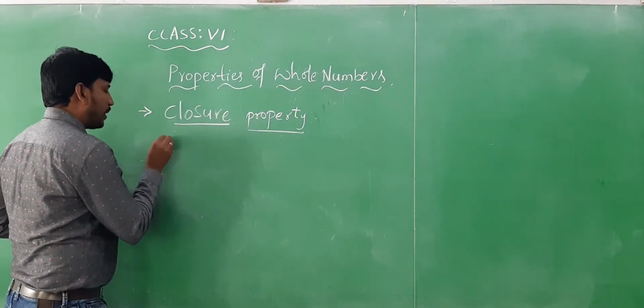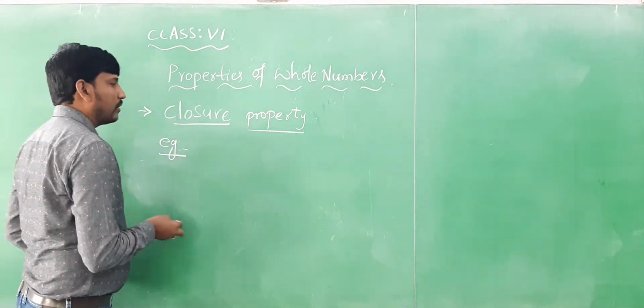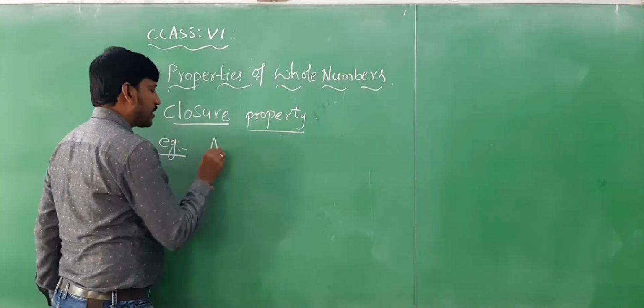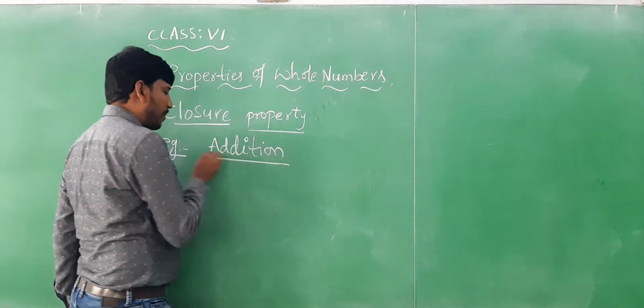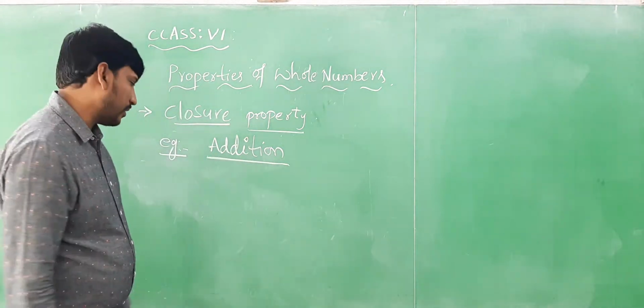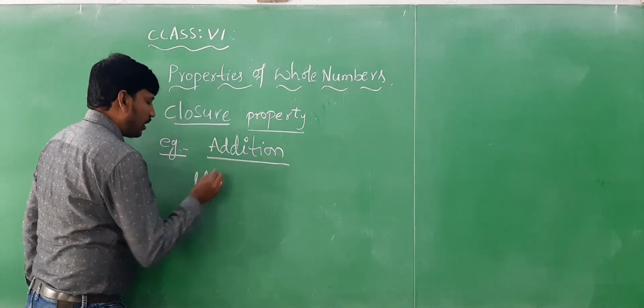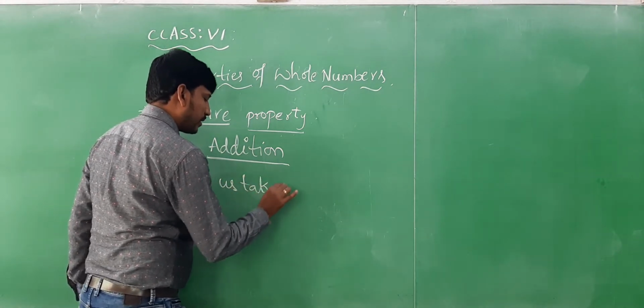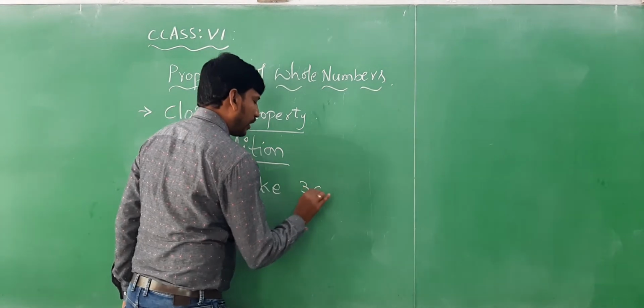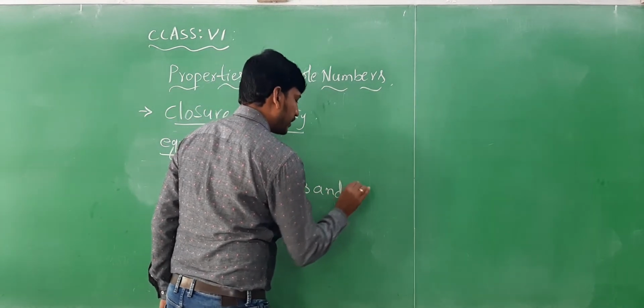Now let us take a simple example. First, the basic operation is addition. On addition, let us take two whole numbers, 3 and 8.